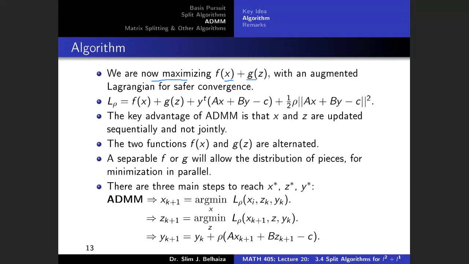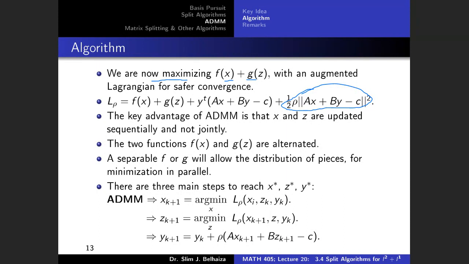We said in the definition of the augmented Lagrangian last time that we add this term for safer convergence, to avoid having large errors and get faster to the solution we are targeting. This is like minimizing the square of the distance, so you're avoiding large errors.